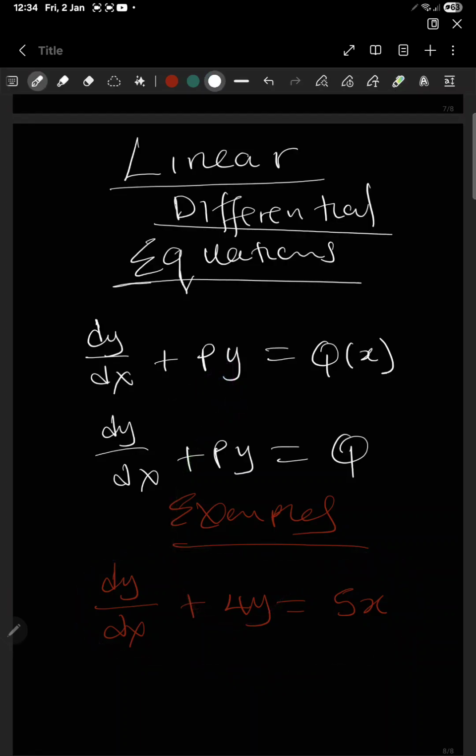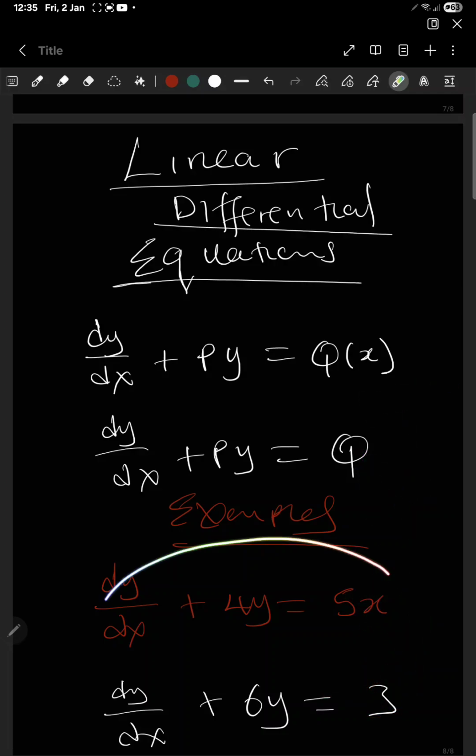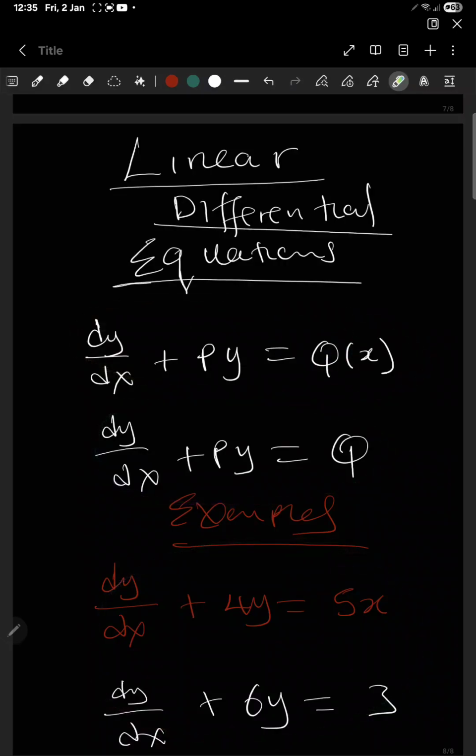Another example: dy/dx + 6y = 3. Also, this is a linear differential equation because it is also written in that form. So any equation written in this format is said to be a linear differential equation because of the form in which it is given.